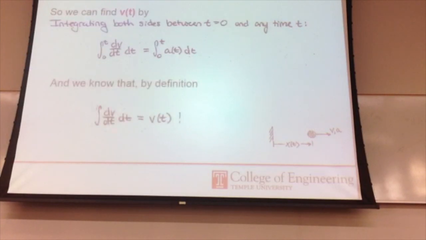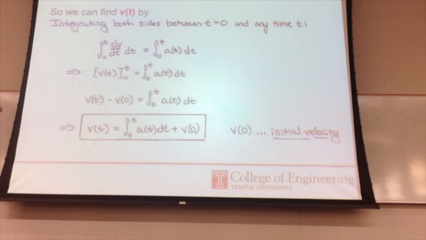By definition, the integral of the derivative of velocity with respect to time is equal to that function, velocity, with respect to time. So this integral is simply equal to the function evaluated from 0 to t. We plug t into the function for velocity, and we plug 0 into the function for velocity.